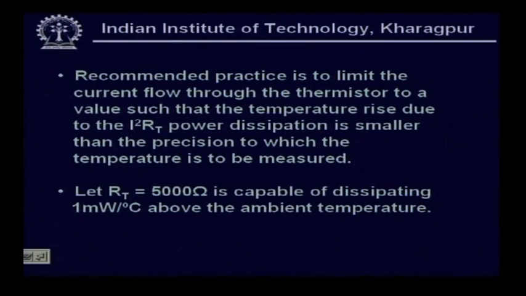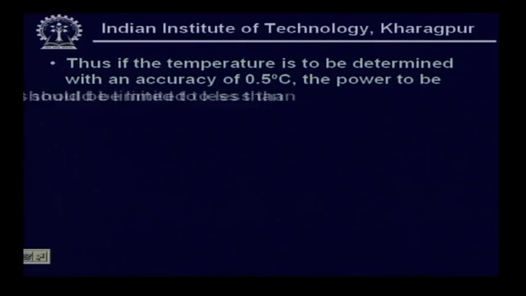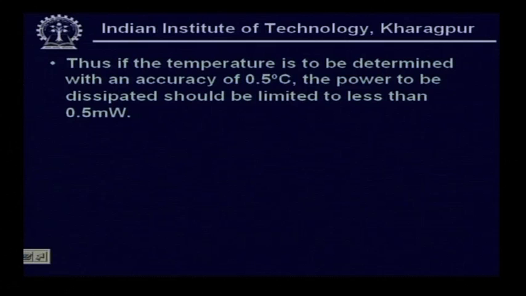Now, suppose that RT, the resistance of a thermistor, is 5 kilo ohm, and it is capable of dissipating a power of 1 milliwatt per degree centigrade above the ambient temperature. Thus, if the temperature is to be determined with an accuracy of 0.5 degree centigrade, the power to be dissipated should be limited to less than 0.5 milliwatt.